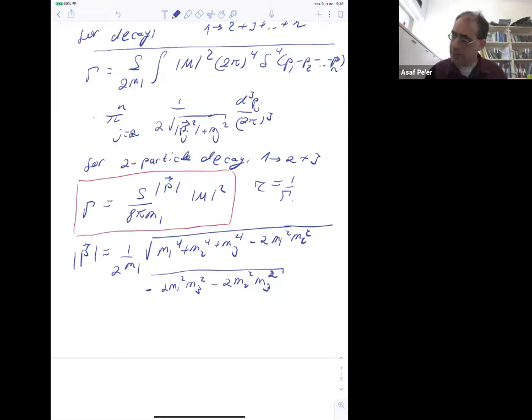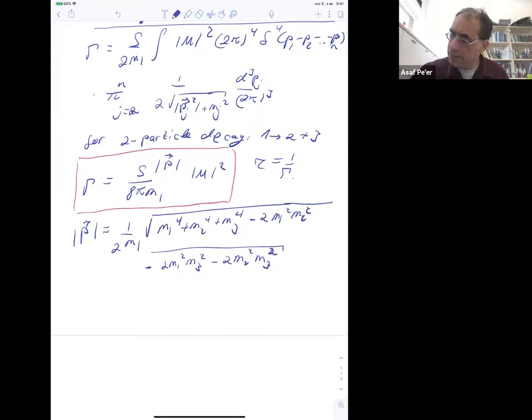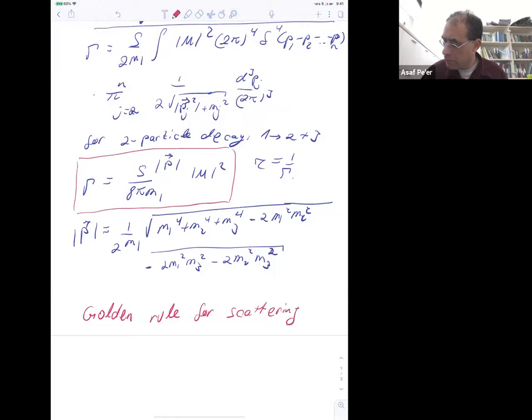And then we had the golden rule for scattering, which is derived in a very similar way.